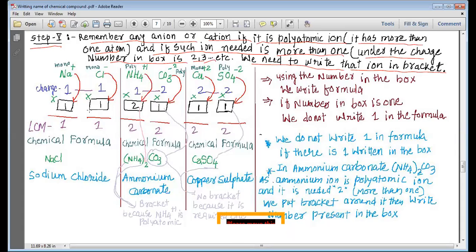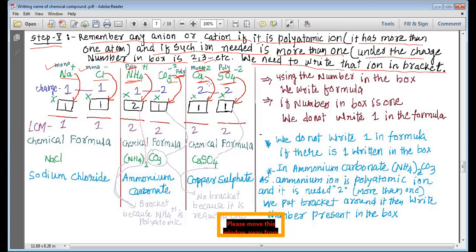Please remember that. See, sodium ion is a monoatomic ion, chloride ion is a monoatomic ion, ammonium ion is a polyatomic ion, carbonate ion is a polyatomic ion, copper ion is a monoatomic ion, sulfate ion is a polyatomic ion. So you can see that ammonium ion, carbonate ion and sulfate ion are polyatomic ions.